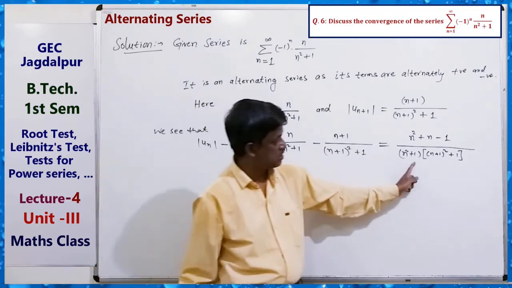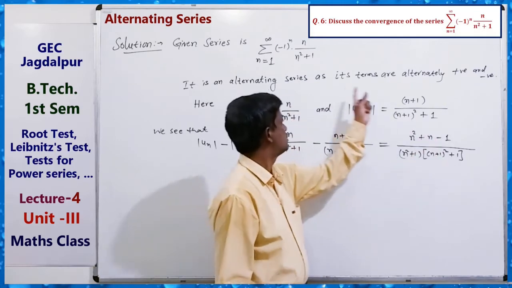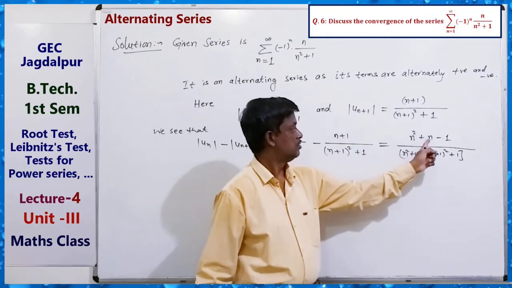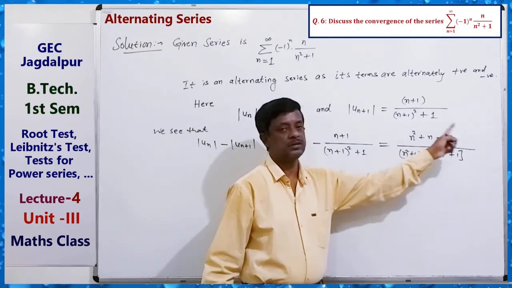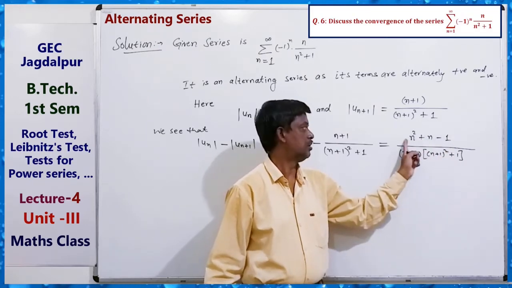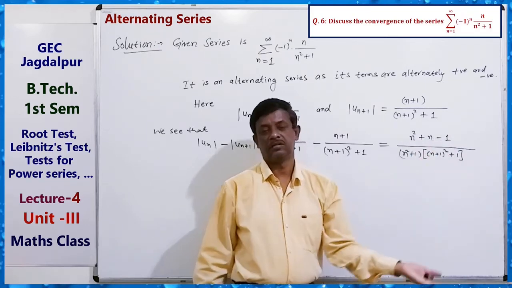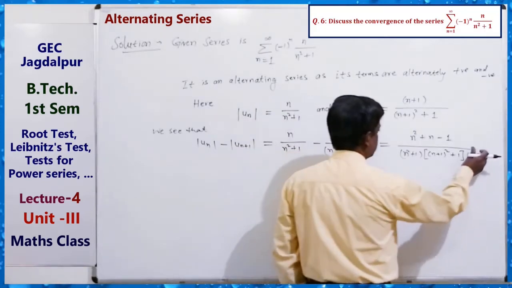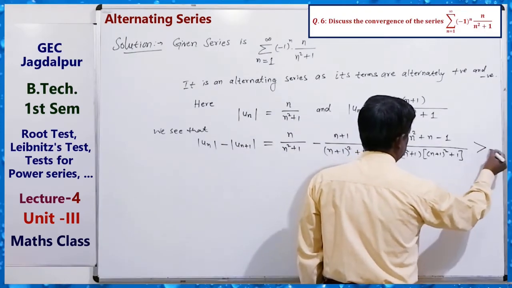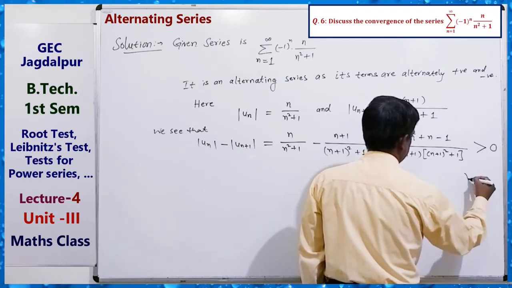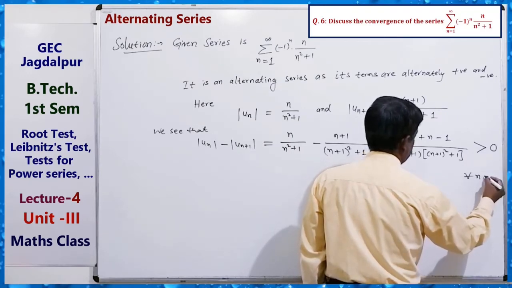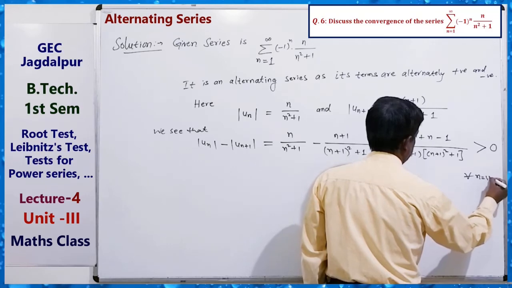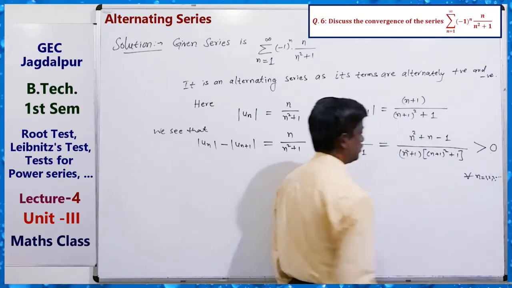And here this is positive, n starts from 1, so this is always positive. Only subtract 1, so this is positive also, so this is greater than 0 for all n equals 1, 2, 3 and so on.